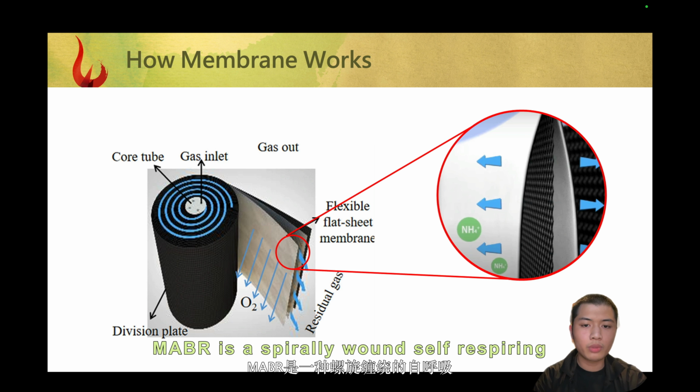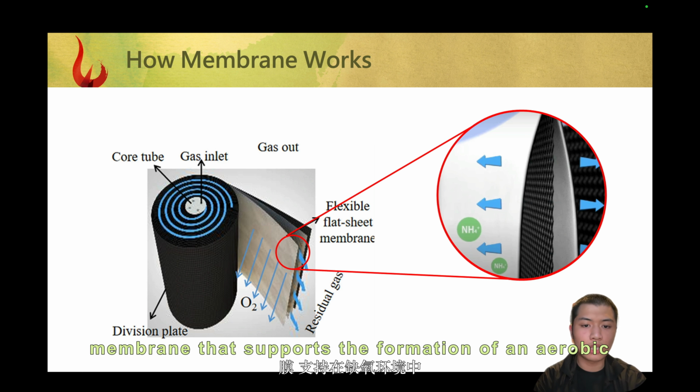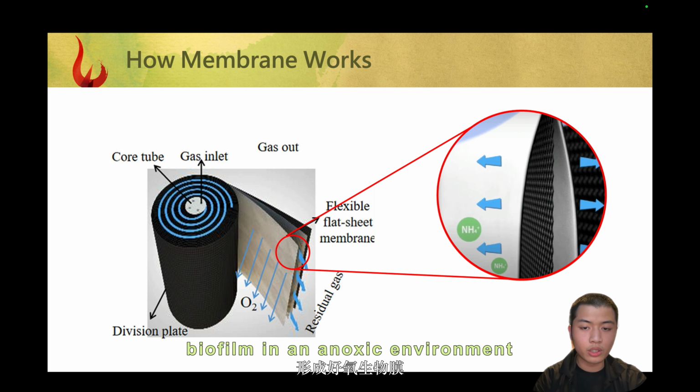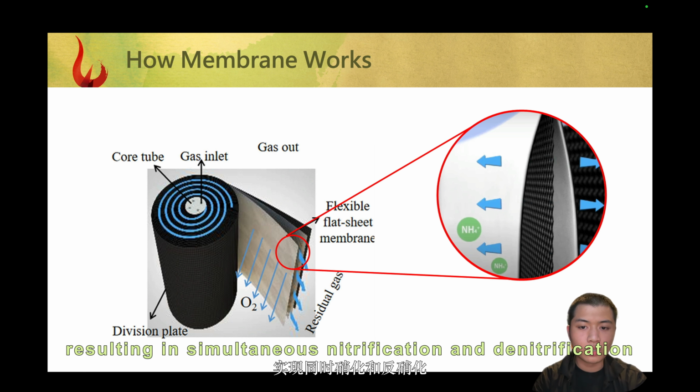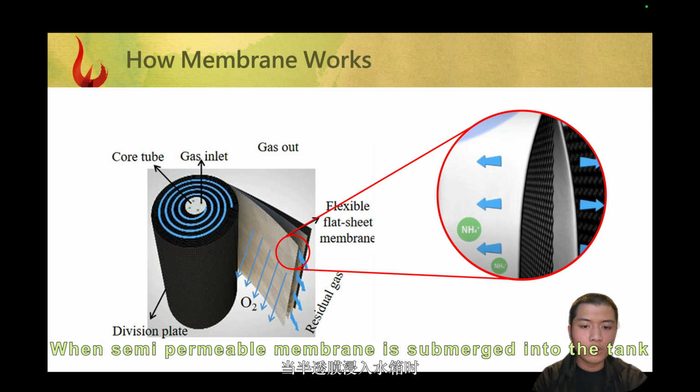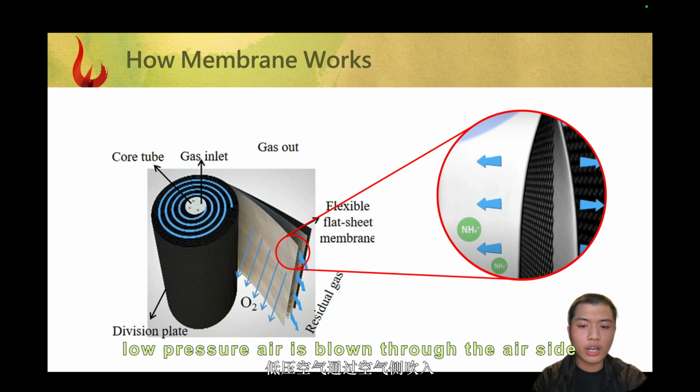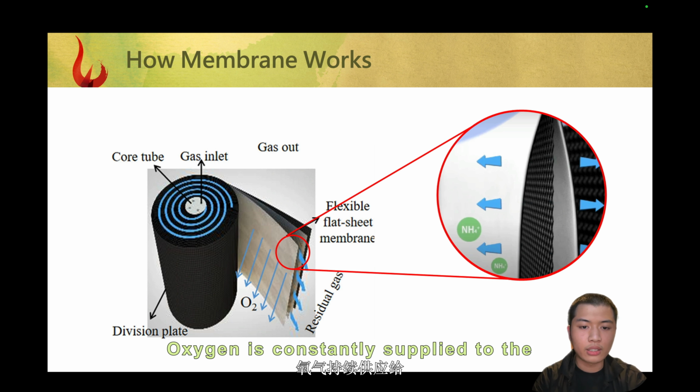The MABR is a spiral self-repairing membrane that supports the formation of aerobic biofilms in an anoxic environment, resulting in simultaneous nitrification and denitrification. When the semi-permeable membrane is submerged into the tank, low-pressure air is brought through the air side.